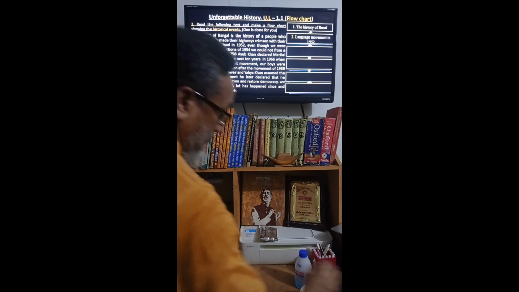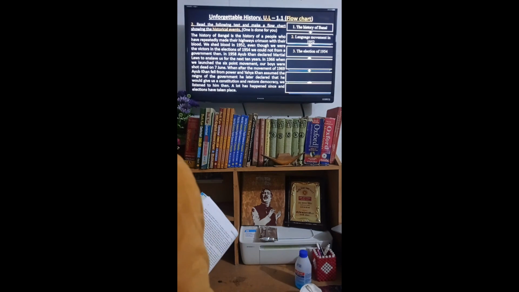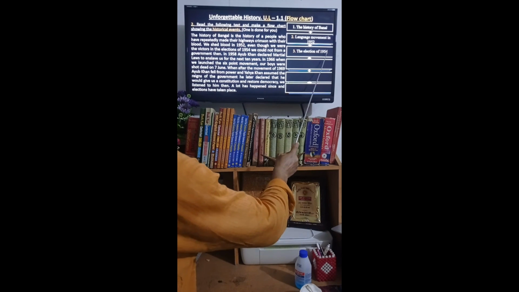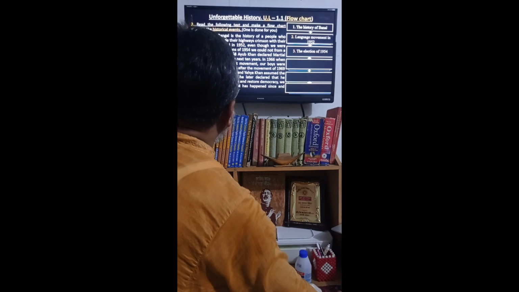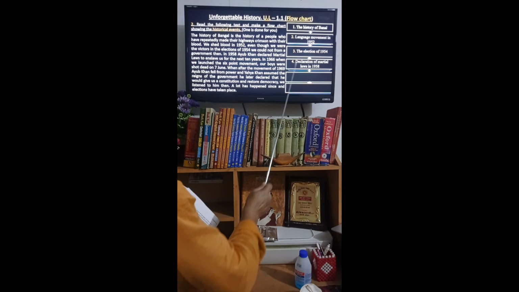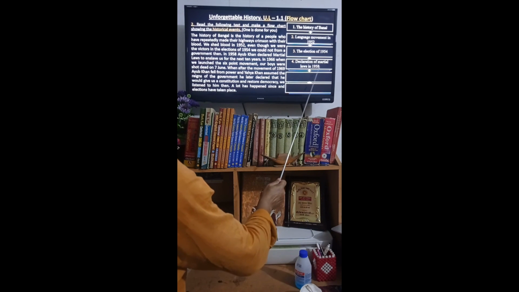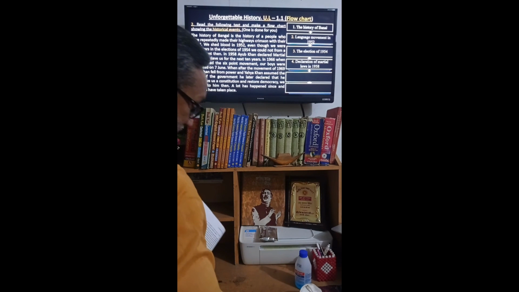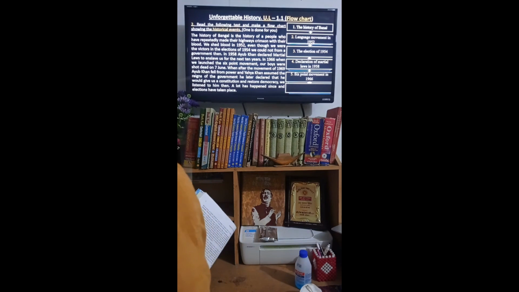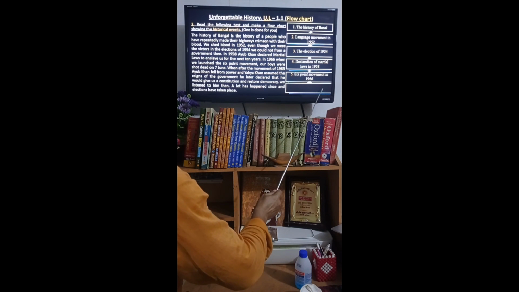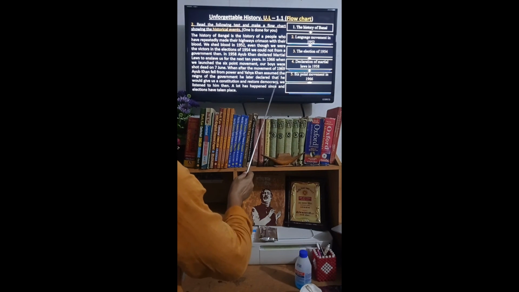And then the second information, the election of 1954. And the third historical event, the declaration of martial law in 1958. And then next, the 6-point movement in 1966.